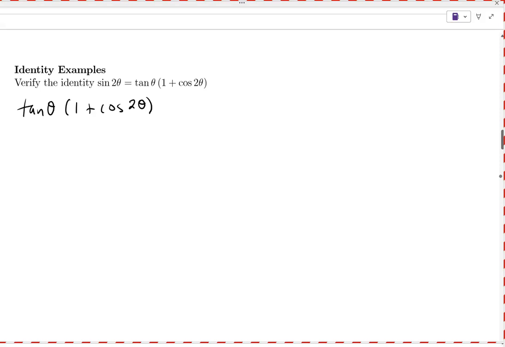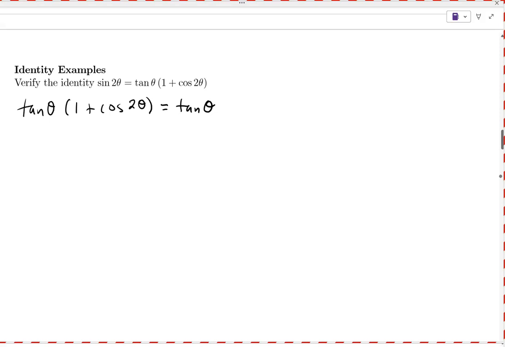All right. Notice that in this particular problem, there's lots of stuff going on, but we're trying to get this down to a single term, right? We're trying to get it down to a single sine of 2 theta. Remember for cosine of 2 theta, I've got 3 choices I can plug in.